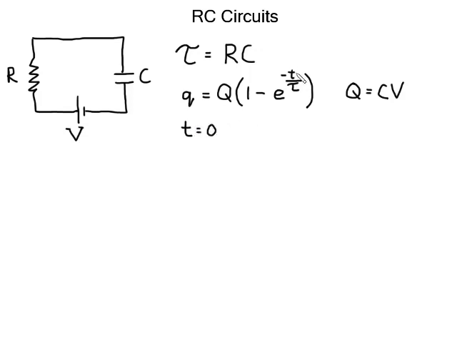Now, if I plug a 0 into the t up here, you wind up with e to the 0, and anything to the 0 is a 1. So I wind up with 1 minus 1, which is 0, times Q. So when I first start out, I'm going to have no charge on the capacitor plate. That kind of makes sense to me, hopefully to you too.